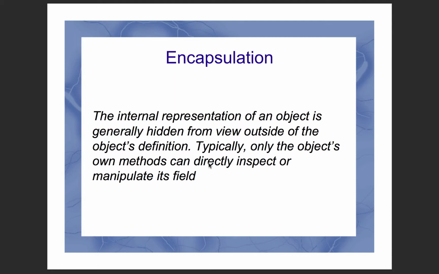Typically, only the object's own methods can directly inspect or manipulate its fields. So encapsulation hides all the internal complexity from the outside world, and from outside we might have some methods or some abstract view, like in the mobile example, with functionalities that we can use to manipulate internal structures and fields to do some operations.